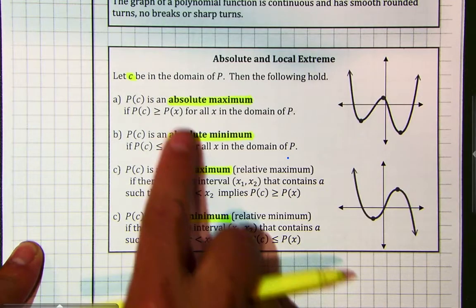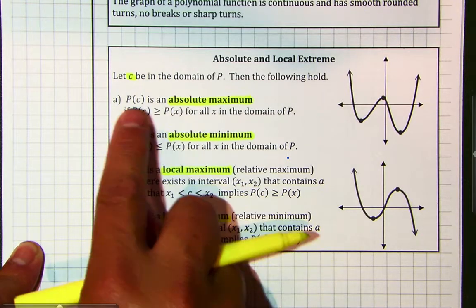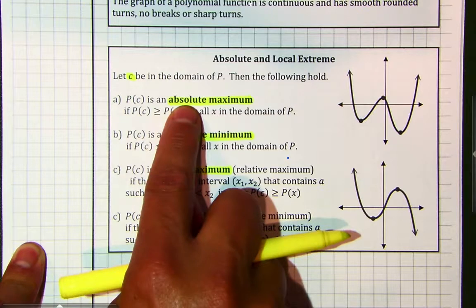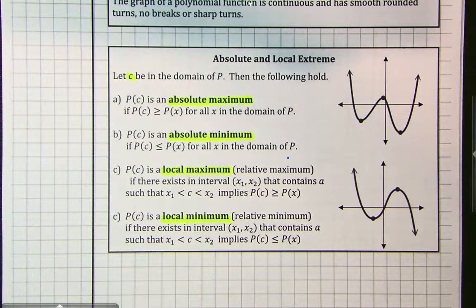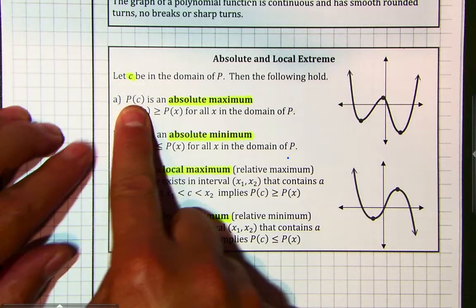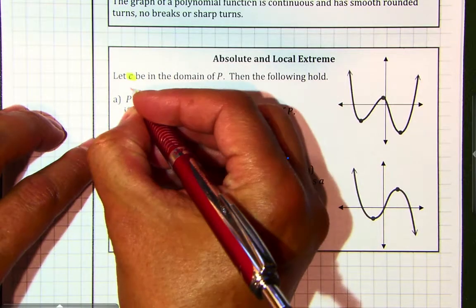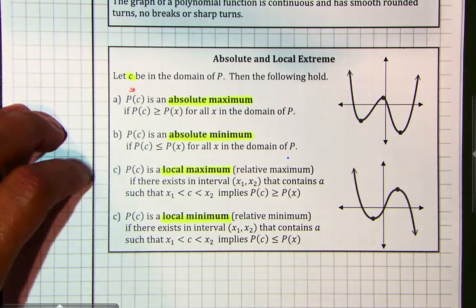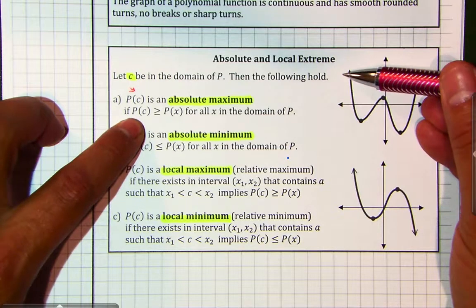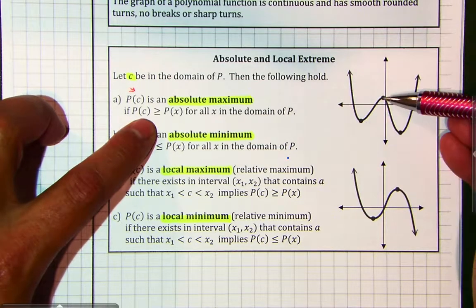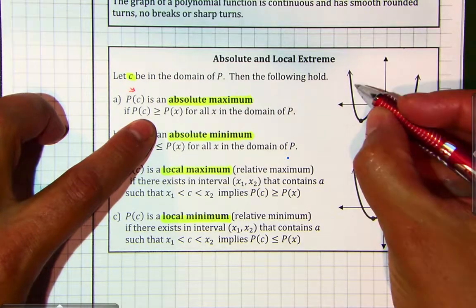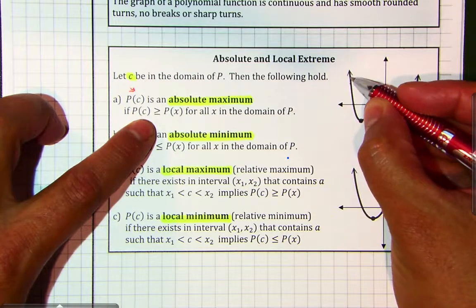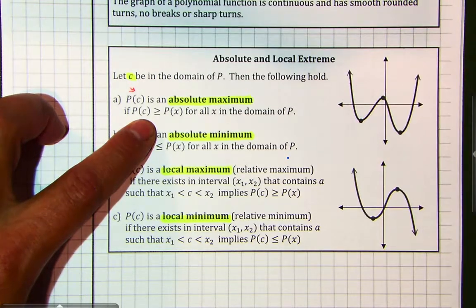Now, P of c is an absolute maximum if that is the largest value. When we talk about P of c, remember we are talking about the y value, correct? So if we look at this graph, we know that this is a maximum, but there are other points that have larger y values on the graph.